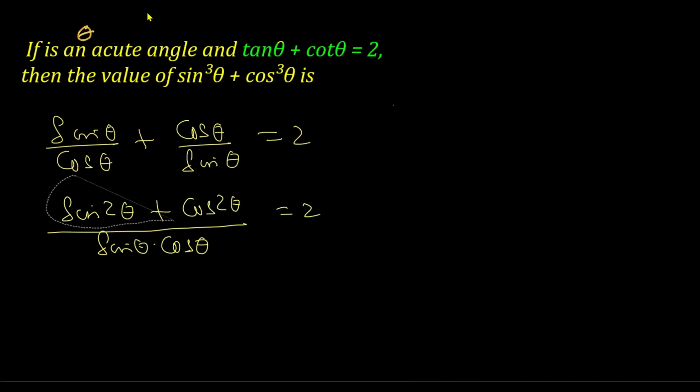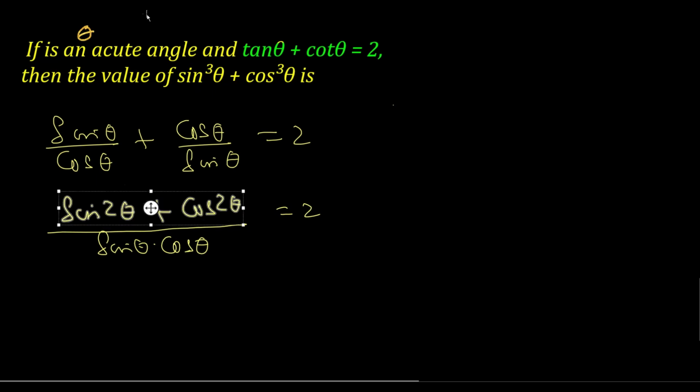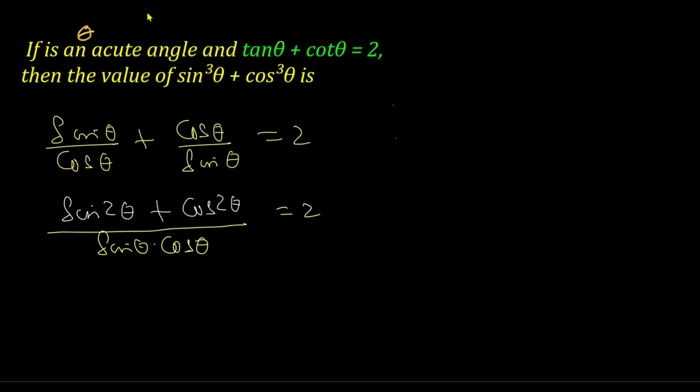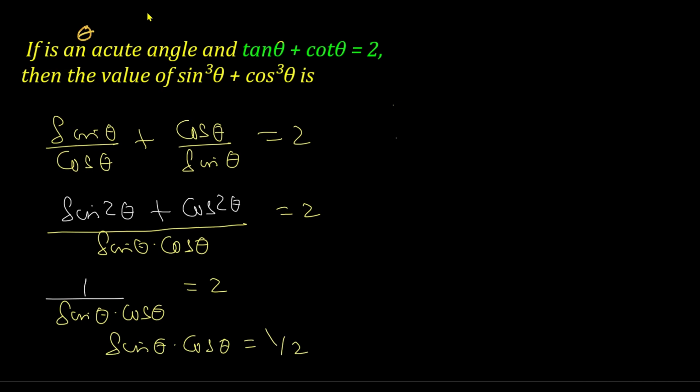Now you must be knowing that sine square plus cos square is 1. So I can write this as 1 over sine theta into cos theta, which is equal to 2. Now with cross multiplication, finally we got sine theta into cos theta as equal to half.